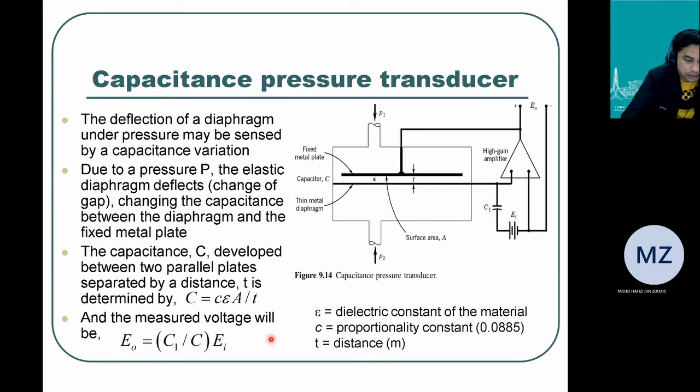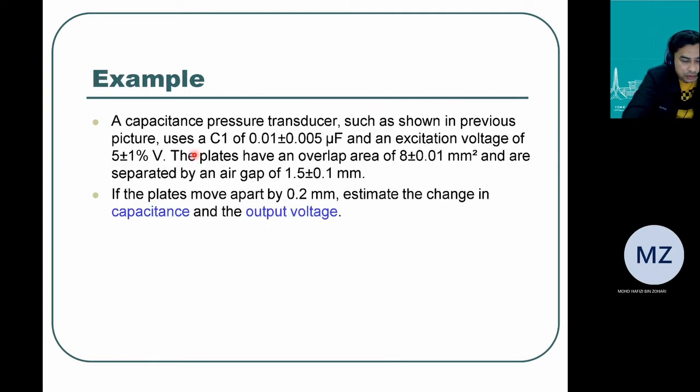So if you look at the example here, C1 is given as 0.01 plus or minus 0.05 microfarad, and the input value is 5 volts, and the plate has an overlap area A of 8 millimeter square, and the air gap T is 1.5 millimeter.